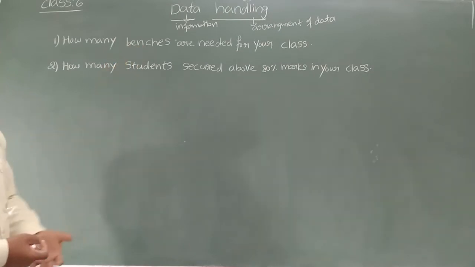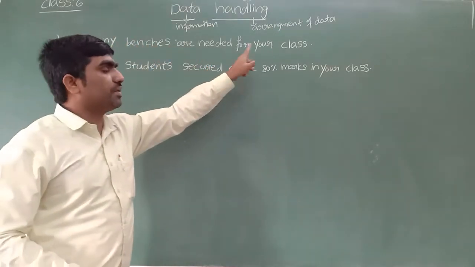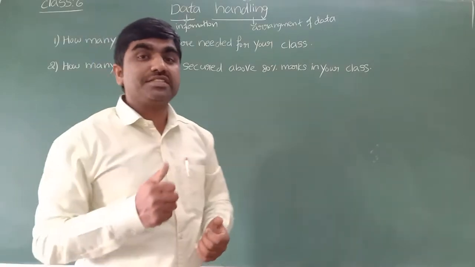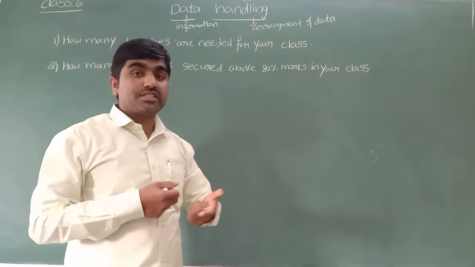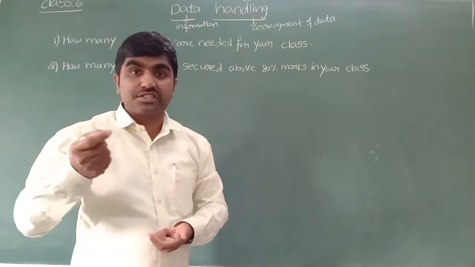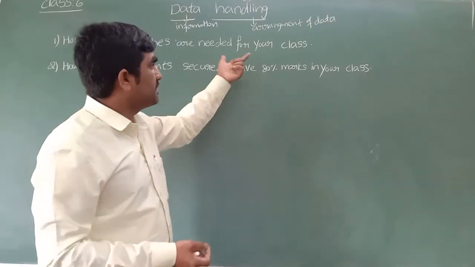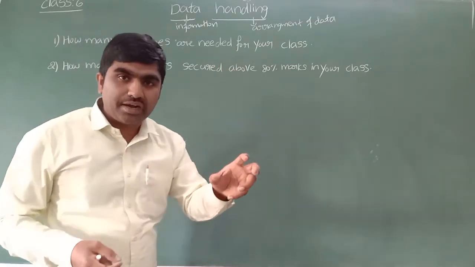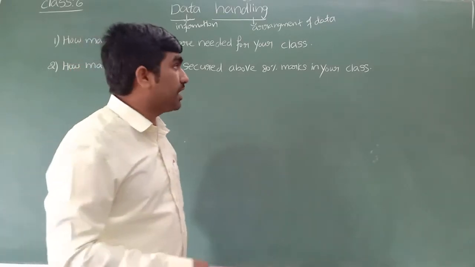You can see some examples here. How many benches are needed for your class? How many benches are required? I want to take some decision here. How many benches are required for class 6th B students? How can I answer this? To answer this, first I want to collect some information. What information do we need to collect?